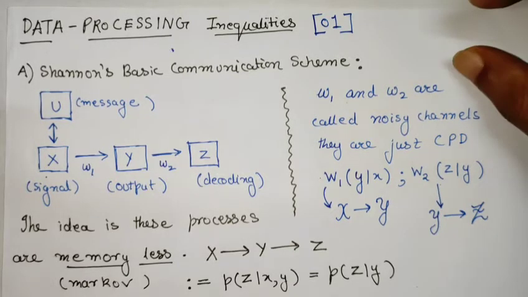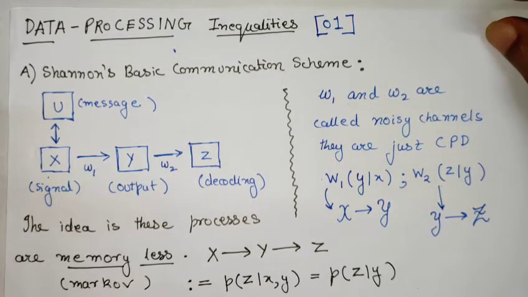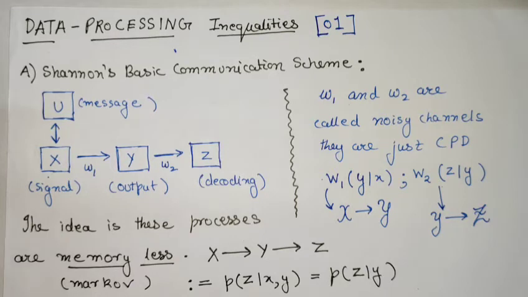It can be understood like this: suppose you have an 80 megapixel phone, and you click an image of some monument, and then you try to send this data to other phones.